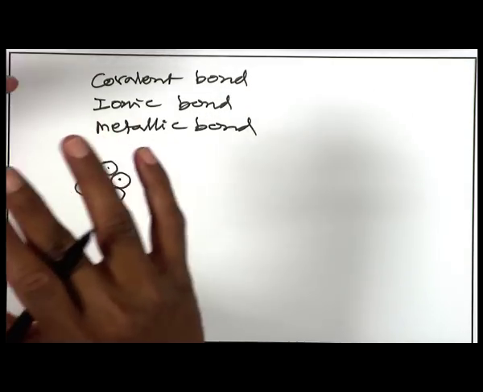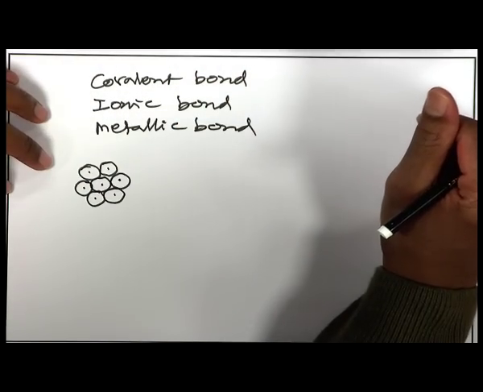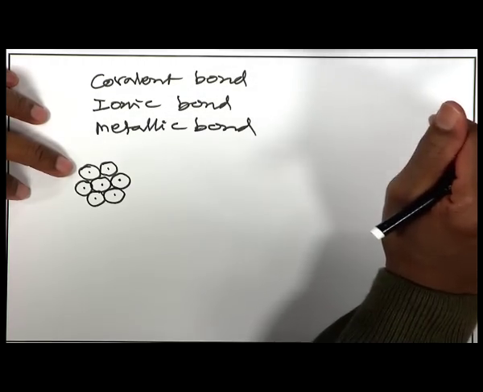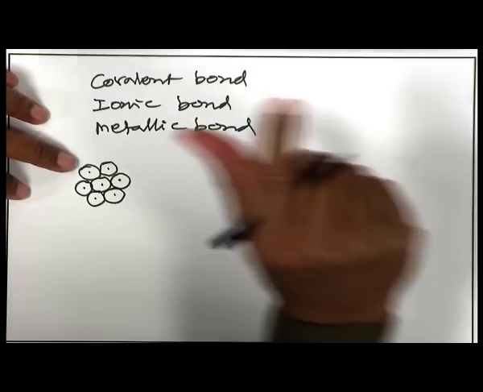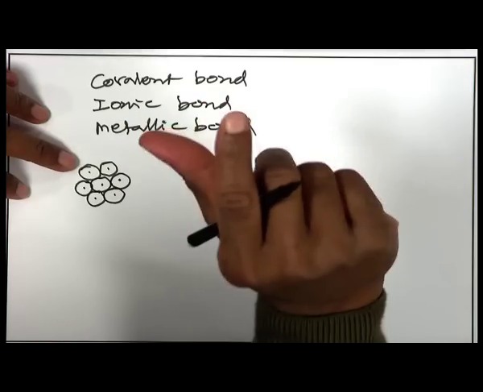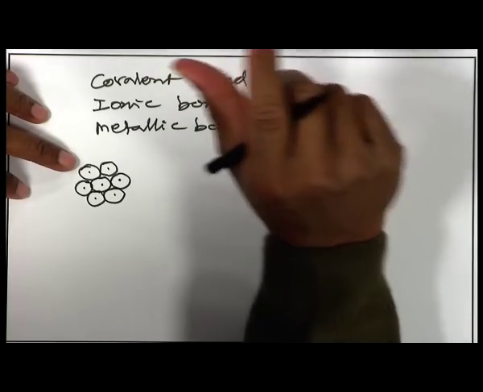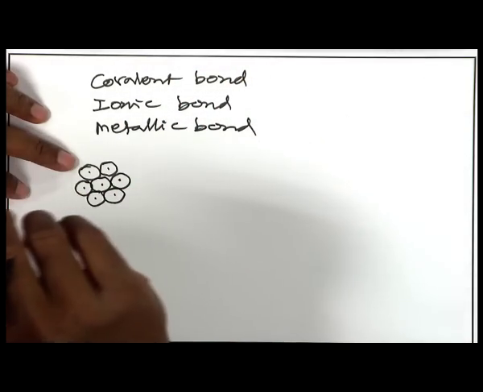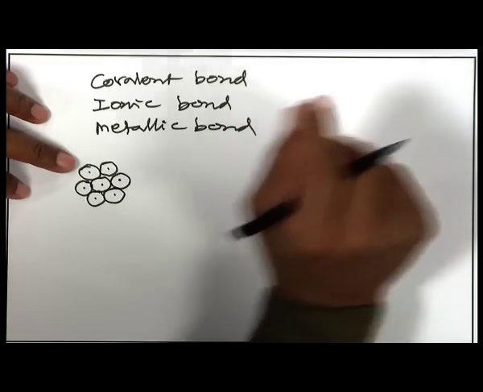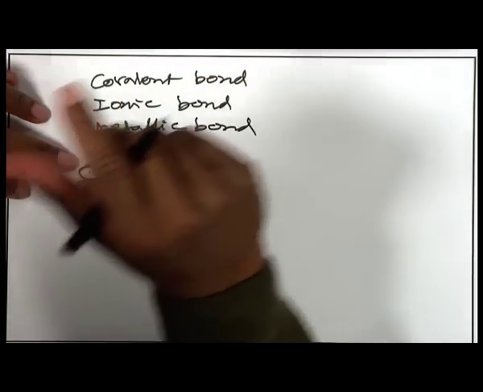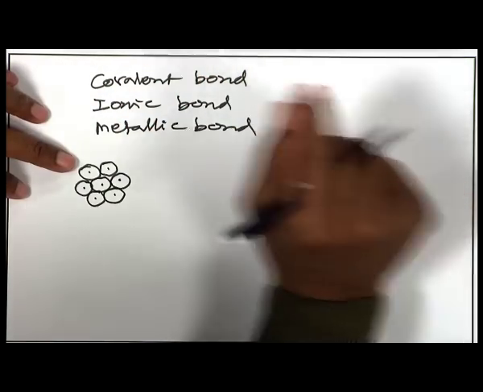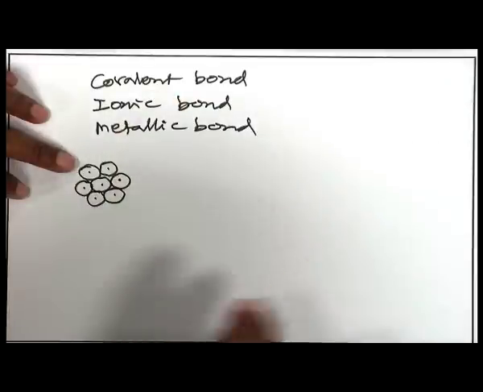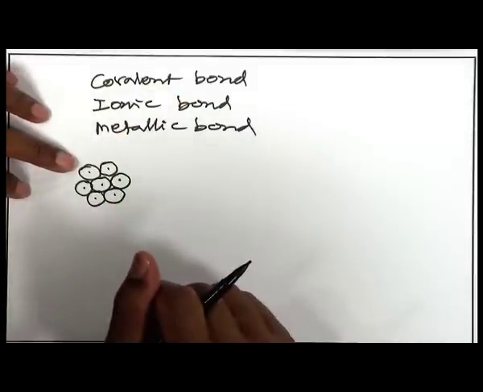The metal I drew here is only a two-dimensional figure. Metals are arranged in a three-dimensional way. Here again there is sharing of electrons among the atoms. It is not sharing between any two metal atoms, but sharing of electrons among several atoms. Such shared electrons are not located between two atoms, and they are actually moving around all over the metal.